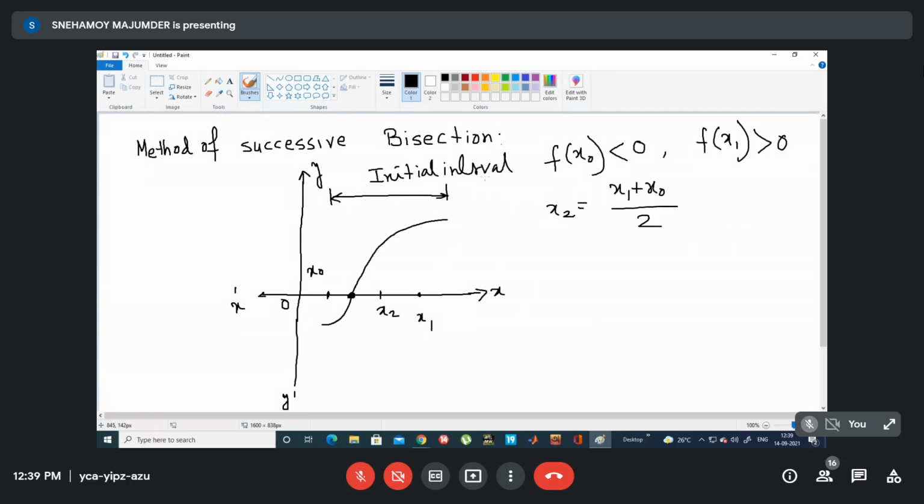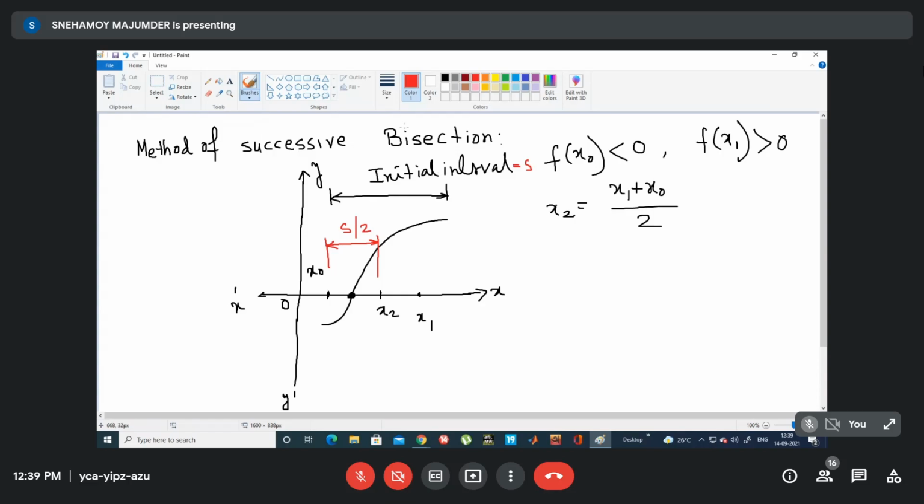Right. Now my interval has come to this one. So the initial interval has now come down to half.